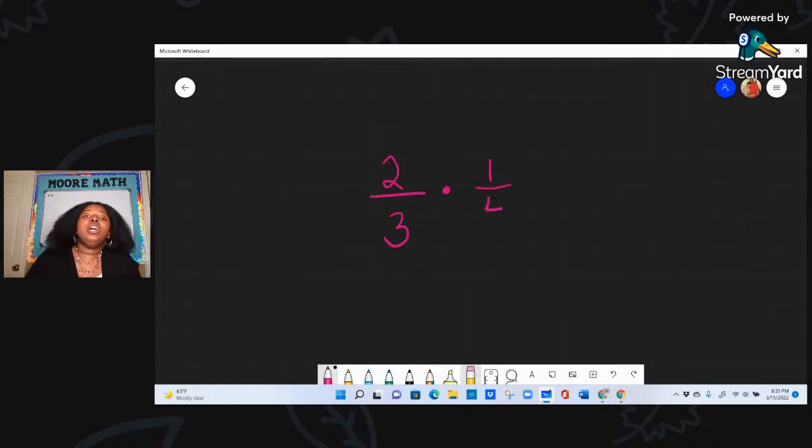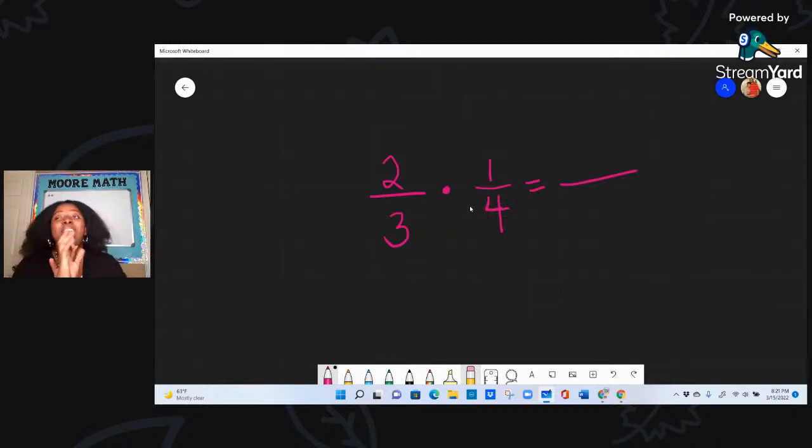So here we go. 2/3 times 1/4. Now, out of all the operations, addition and subtraction are probably the hardest for students to get when it comes to fractions. Dividing, you have to remember keep, change, flip, and then it's easier. Multiplication actually is the easiest of all of them.